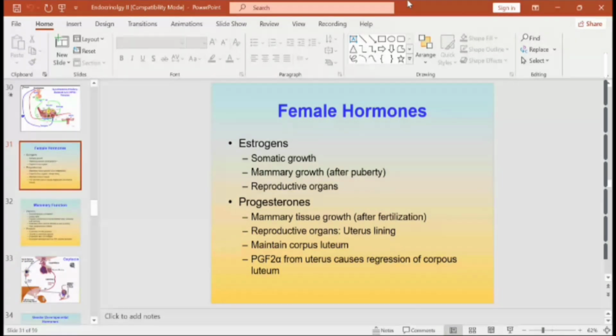We have some prostaglandin, specifically prostaglandin F2 alpha, which usually causes the regression of the corpus luteum.